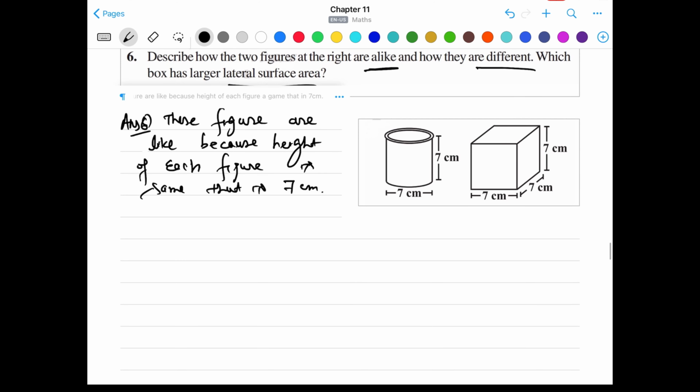Okay, how are they different? Because the first one is in the shape of a cylinder and the second one is in the shape of a cube.